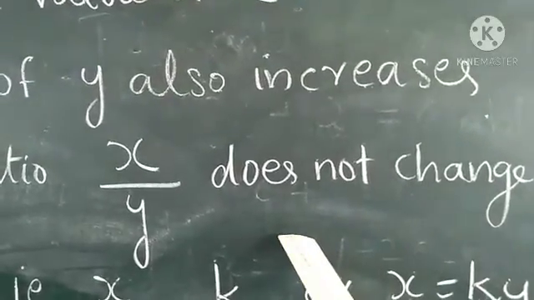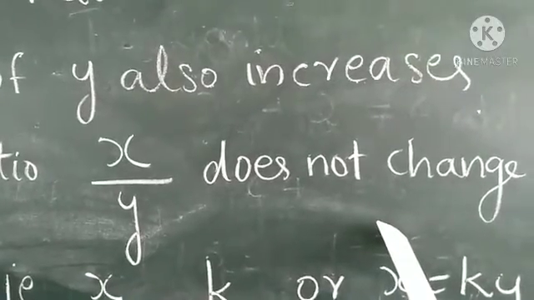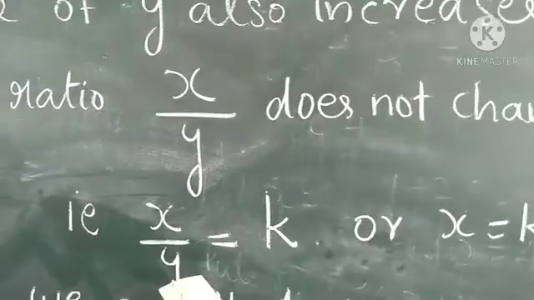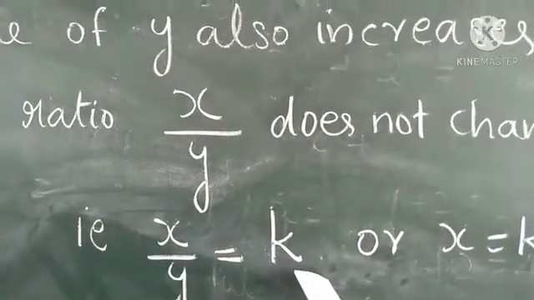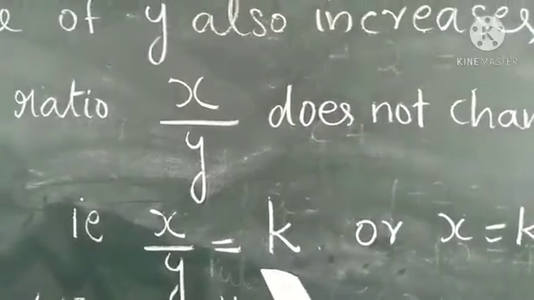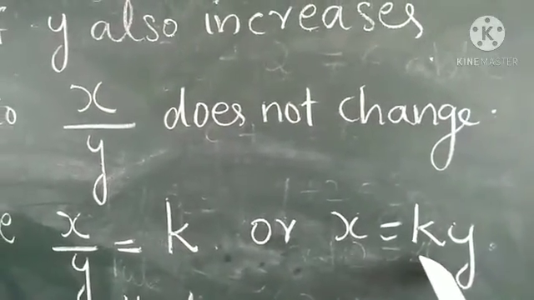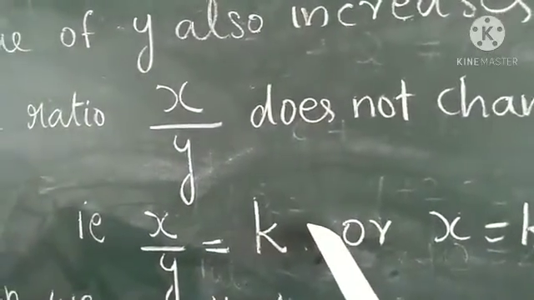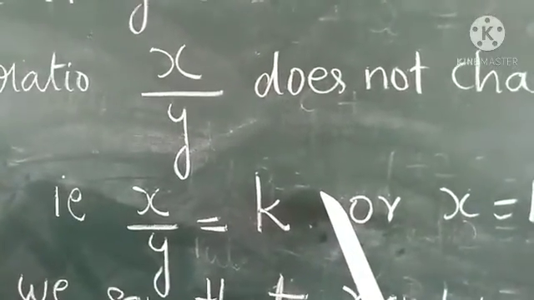If a quantity is not changing, we refer to it as a constant. So here we can write x by y is equal to k, a constant. If we cross multiply, we can write x equal to k into y. So this is the condition for direct proportion.